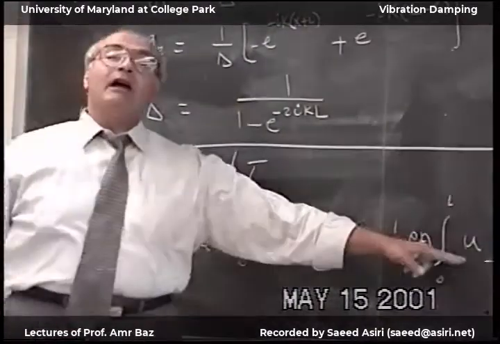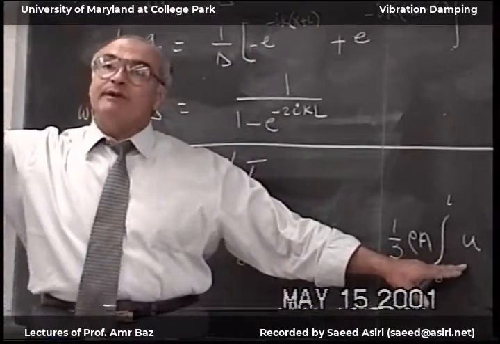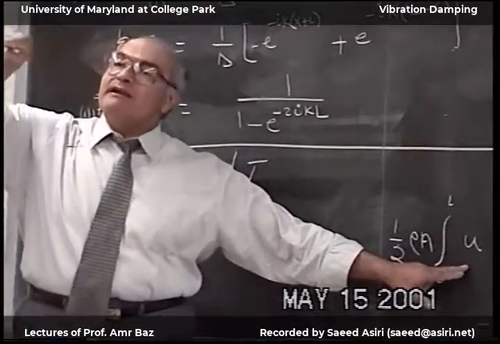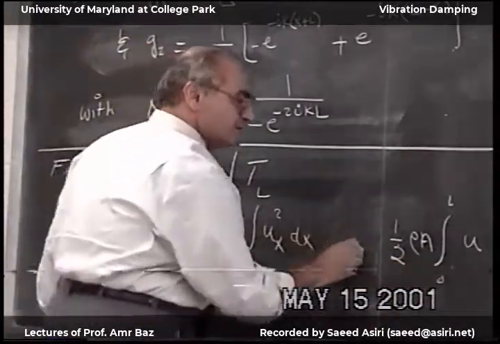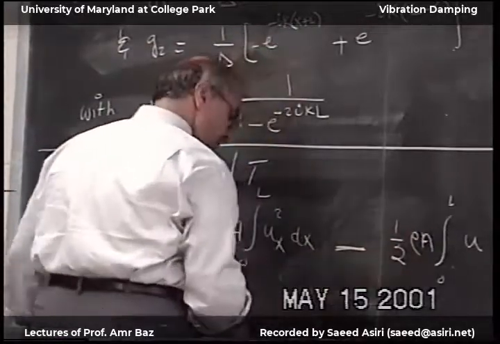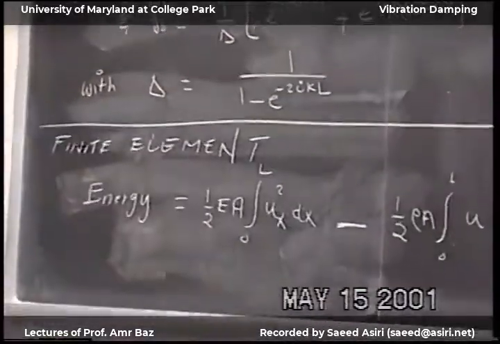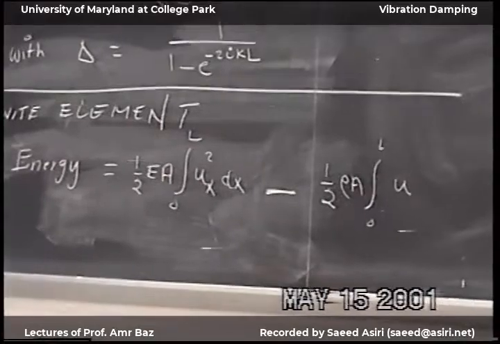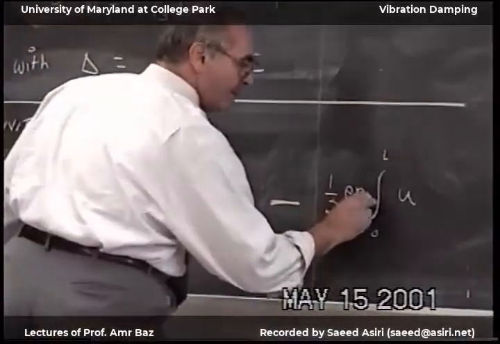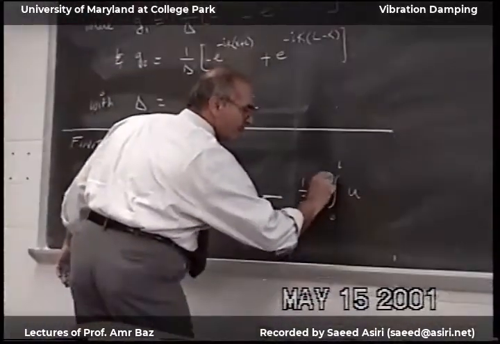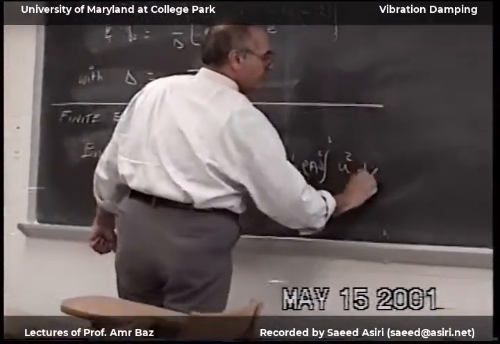But because I'm doing this in the frequency domain, this will be minus omega squared U squared dx.